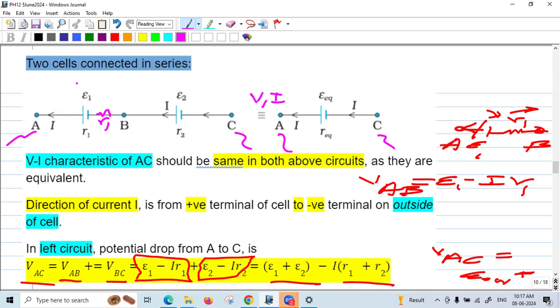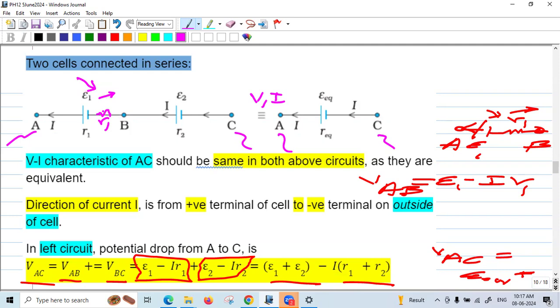Going from A to B, there is a drop of E1, because this is high voltage and this is lower voltage. In the resistance, I'm going against the direction of current, so there will be a voltage rise. The net drop from A to B is E1, less a rise of I into the r1 value.